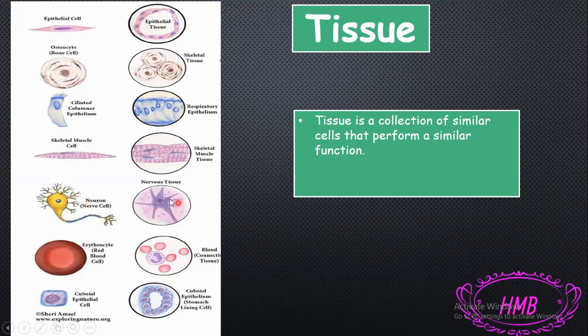When it becomes many nerve cells and they are joined together, they will make nervous tissue. Also, a red blood cell is found in the blood. This is one. When they are grouped together, they make the tissue that we call connective tissue. It connects tissues together and organs together.